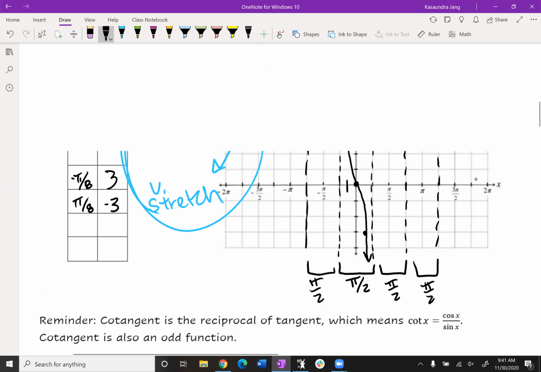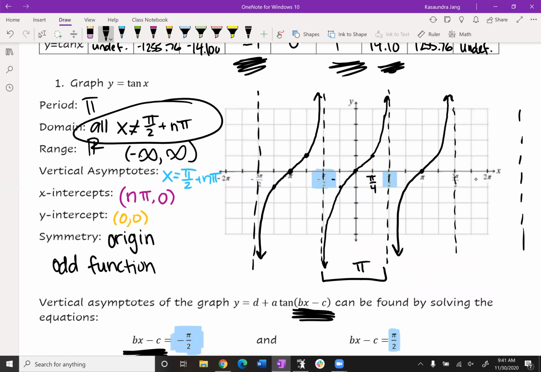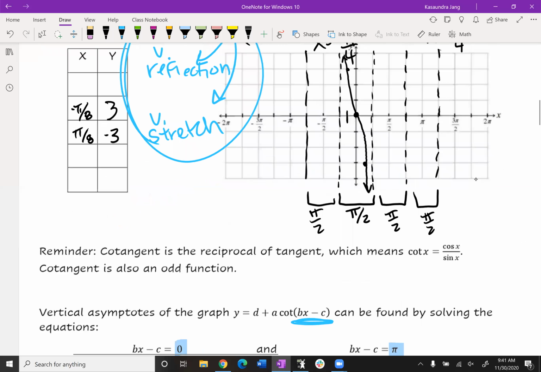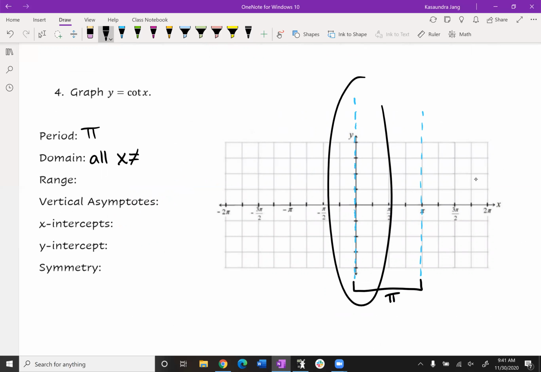So on this one, on tangent, it was all x's that do not equal pi halves plus n pi. And this one is all x's that do not equal 0 plus n pi. So I'm just going to say n pi.